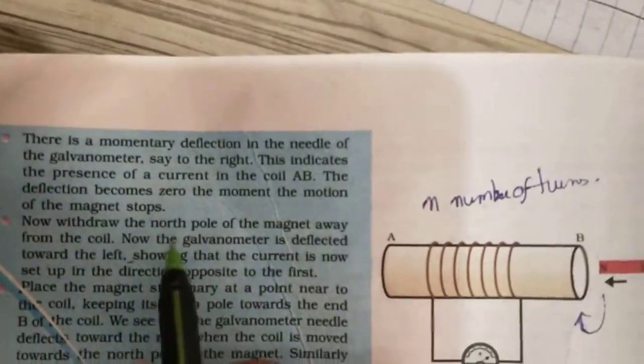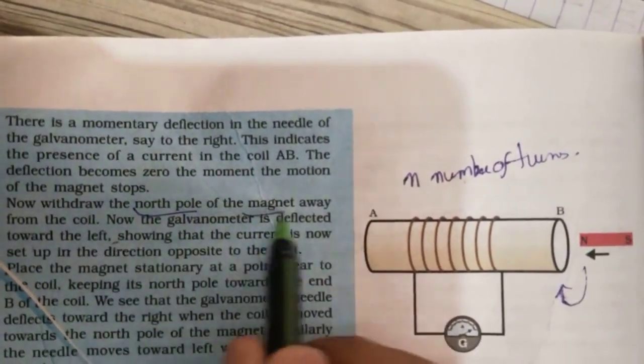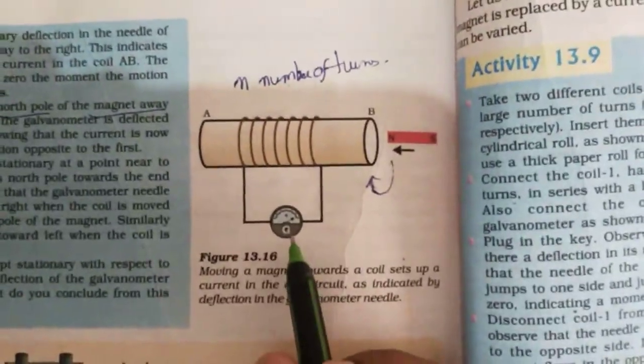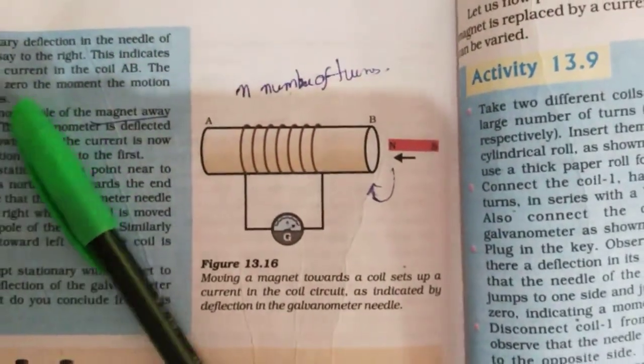Separate the north pole of the magnet away from the end of the coil. Now also you will see a deflection in the galvanometer, but now the deflection will be towards the left direction.